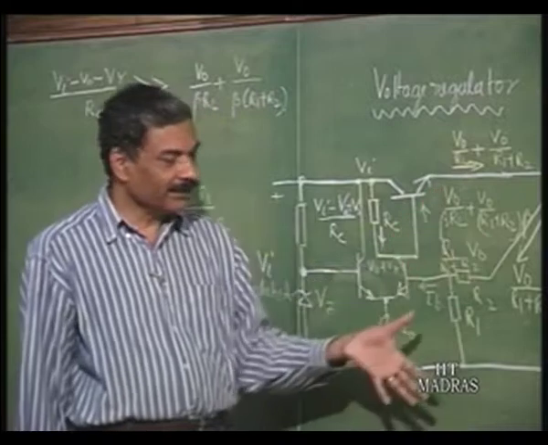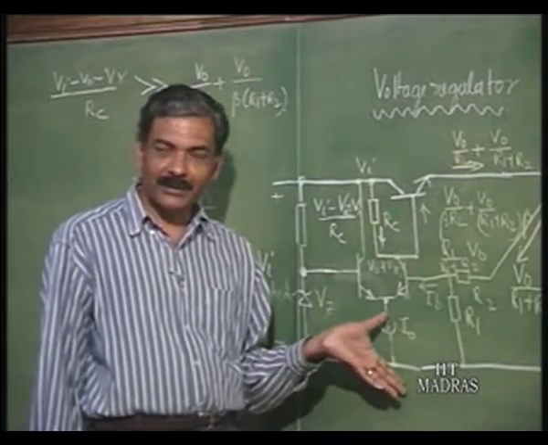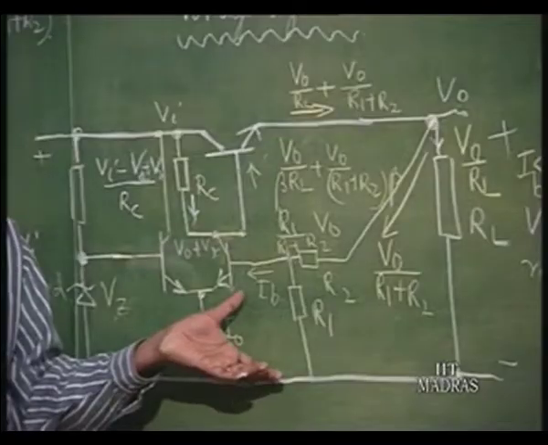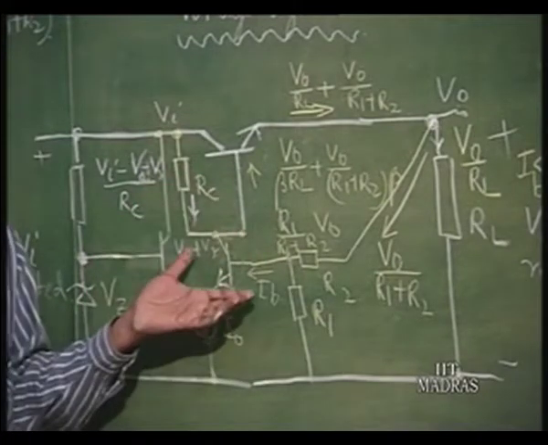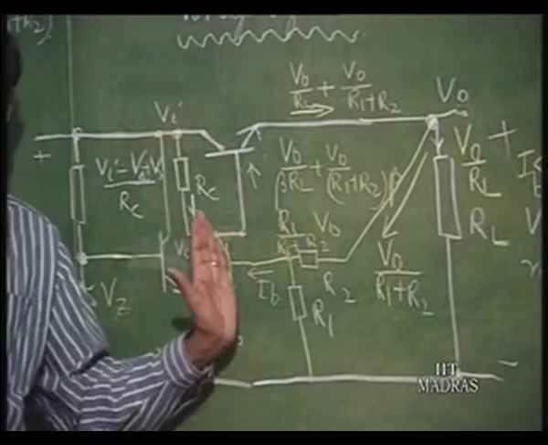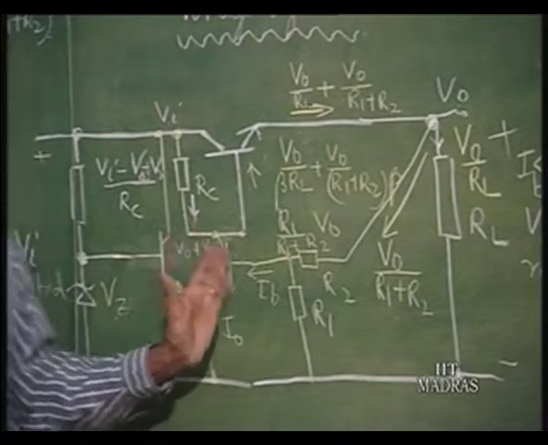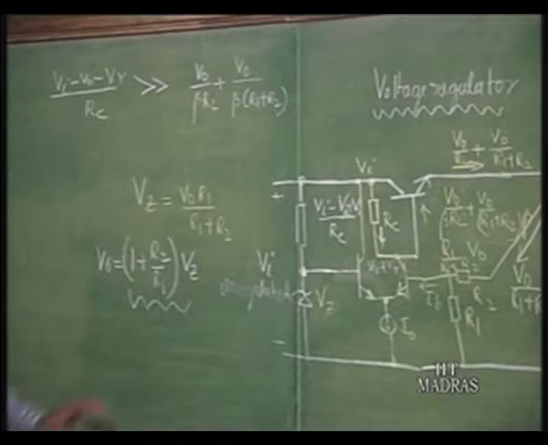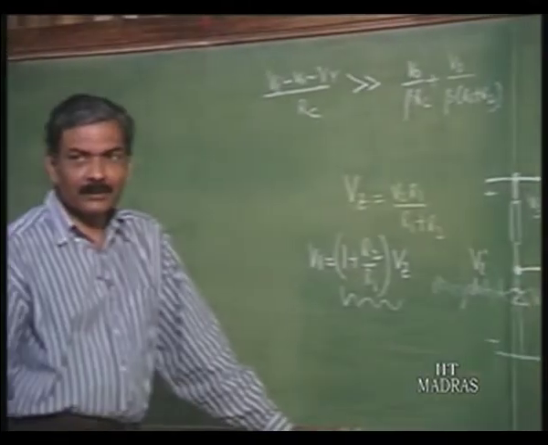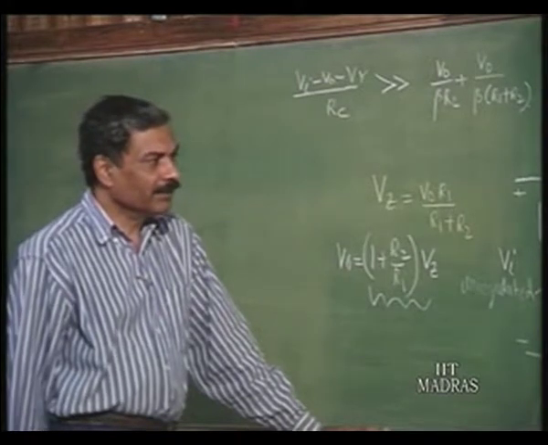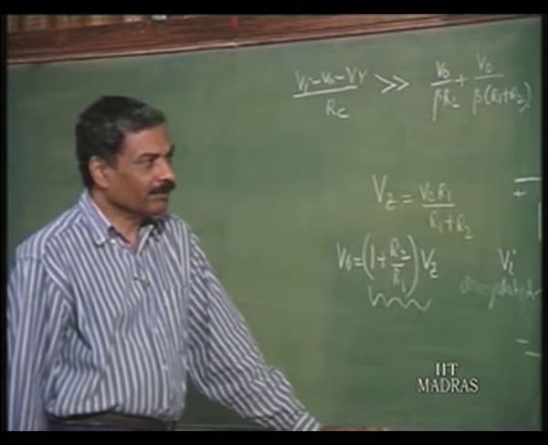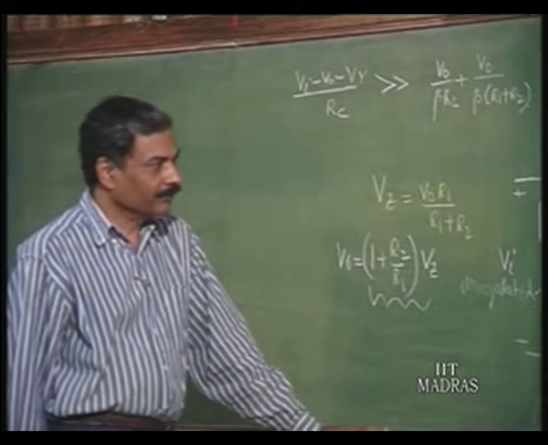So, this is a DC amplifier actually, the voltage regulator is using a DC amplifier for regulation purposes, and therefore, the operating point keeps on shifting as far as this is concerned. So, we will perhaps work out an example of this regulator and see for ourselves all the limitations that can come about in this circuit.